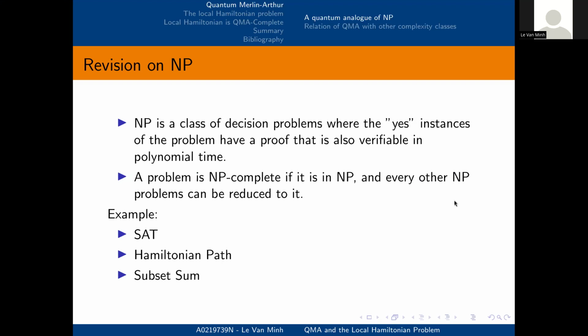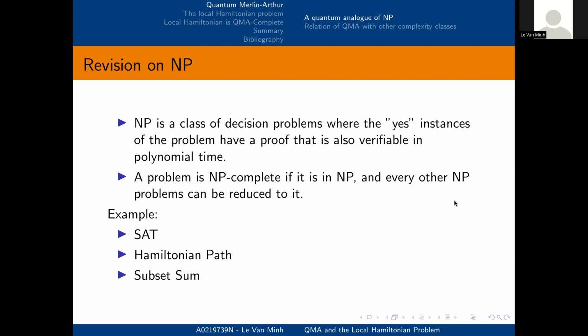A problem is called NP-complete if it is an NP problem, and every other NP problem can be polynomially reduced to it, or in technical terms, it is NP-hard and also in NP.